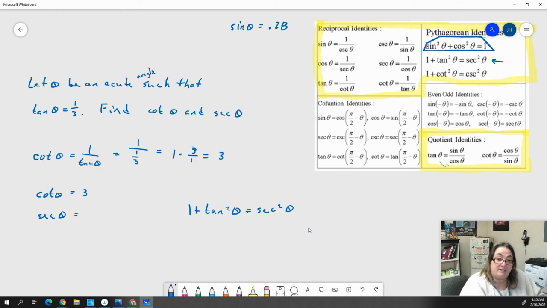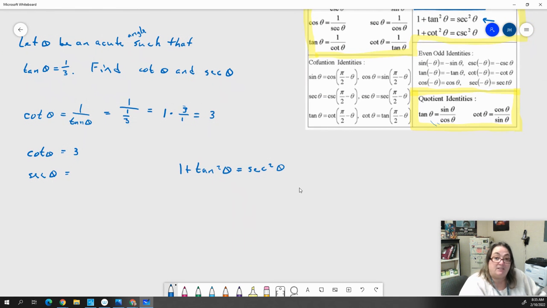And so what do we know? We know that tangent is 1/3, right? So I can go 1 plus 1/3 squared equals secant squared of theta, right?